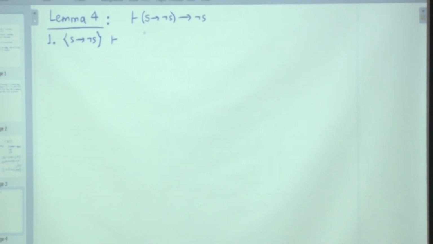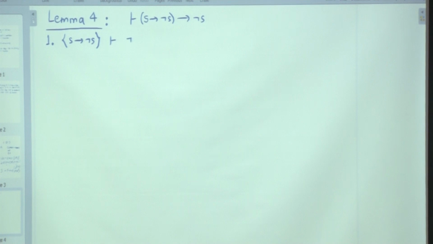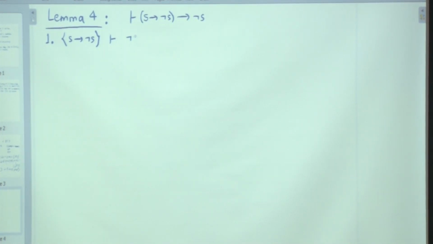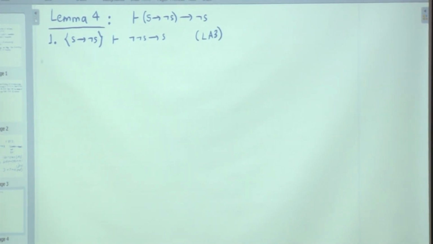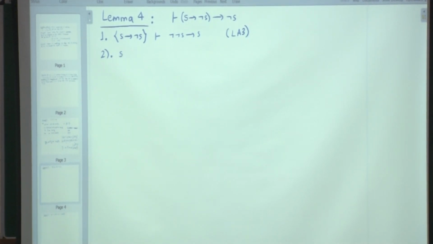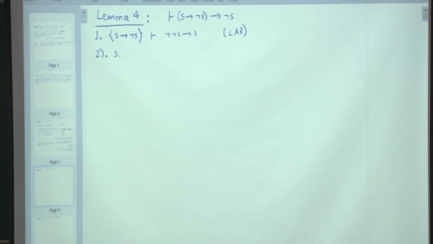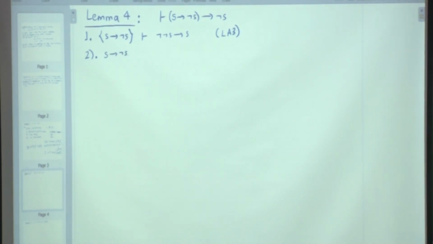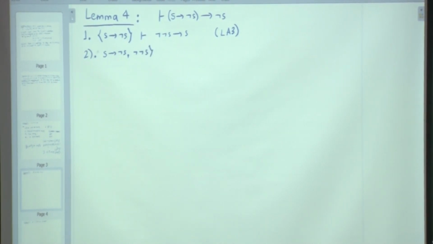First of all, you can conclude double negation S implies S. What is the reason? At least tell me the reasons. LA3, okay. Second, we are going to bring S implies negation S and double negation S over here, and this is just the deduction theorem.